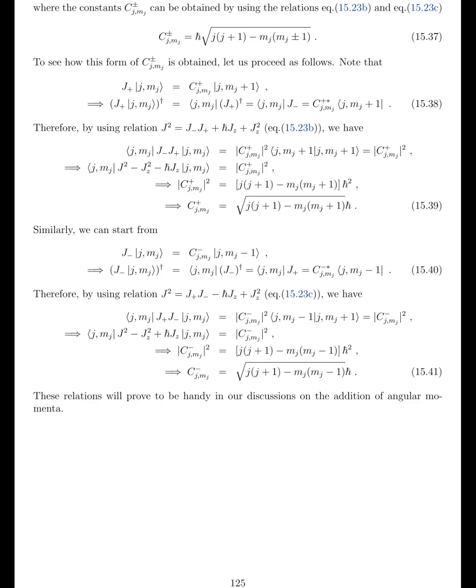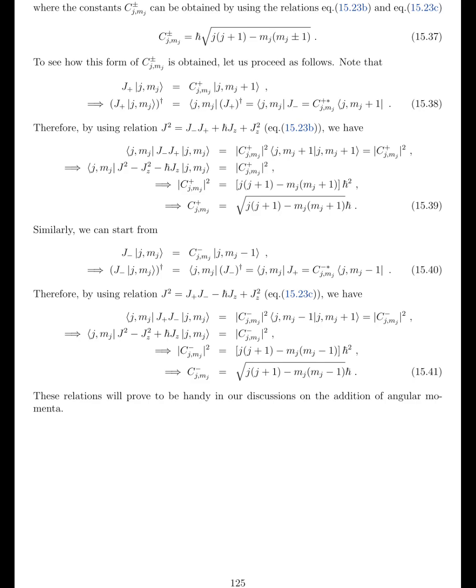Why do this? Because I know what J square is going to give me. I also know what Jz is going to do for me. So I know both of those. And this matrix element, by definition, is also mod of that coefficient square times an inner product.